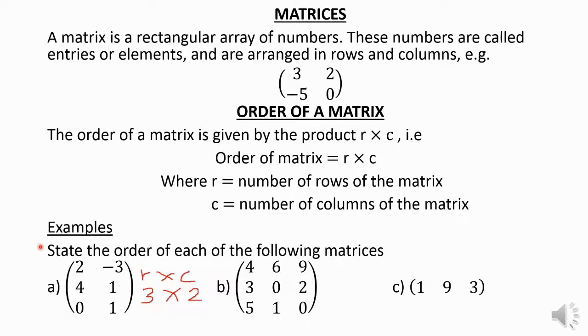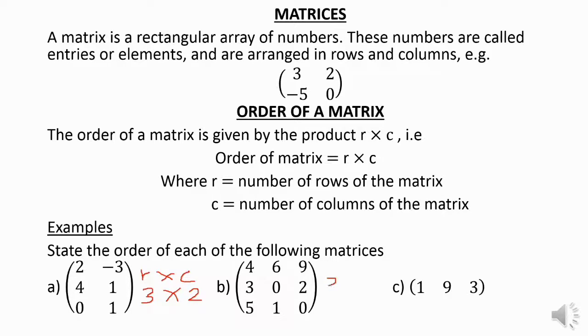If we go to the second matrix, this matrix has 3 rows and 3 columns.